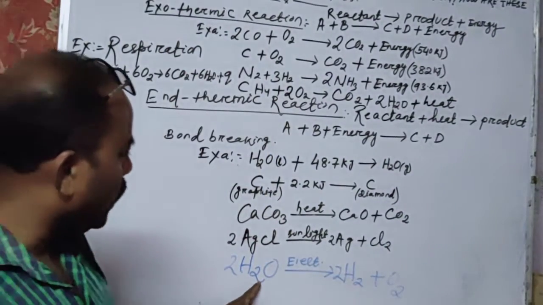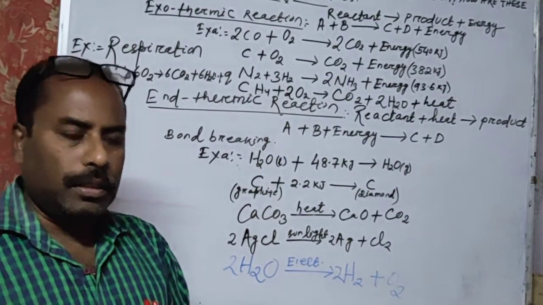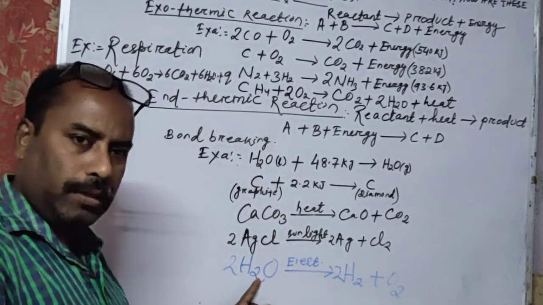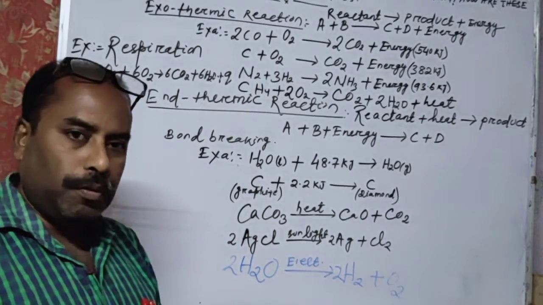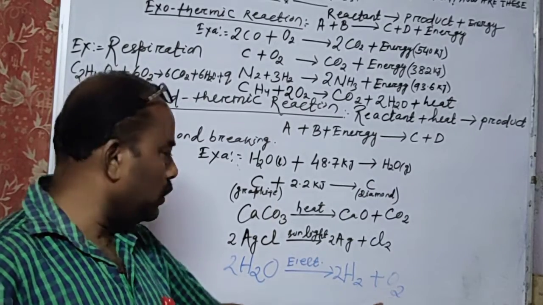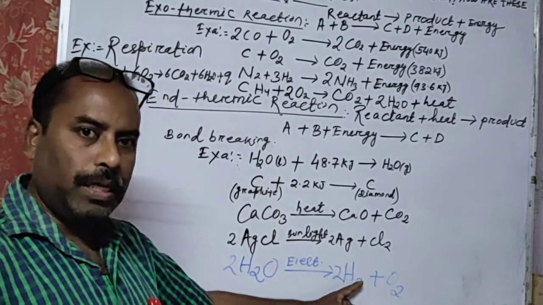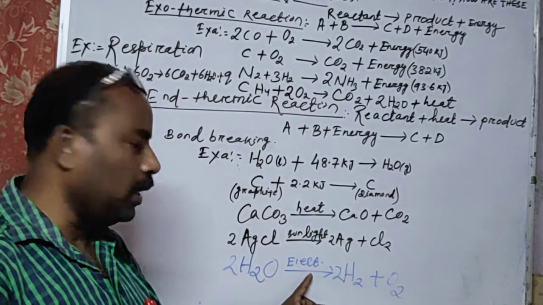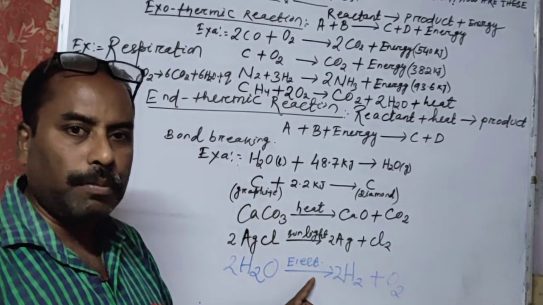So when electricity is passed into water, the water will decompose to give hydrogen gas and oxygen gas. That is called a decomposition reaction, but in the presence of electricity, which is one type of energy.